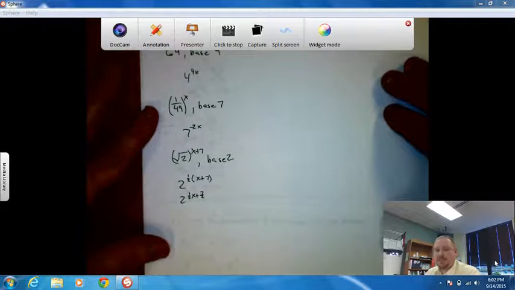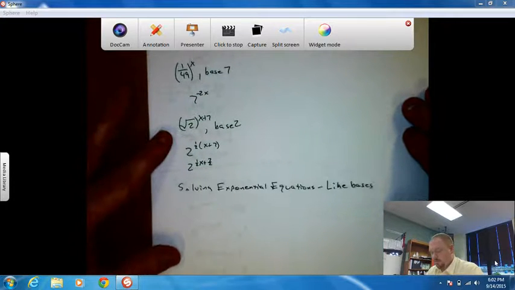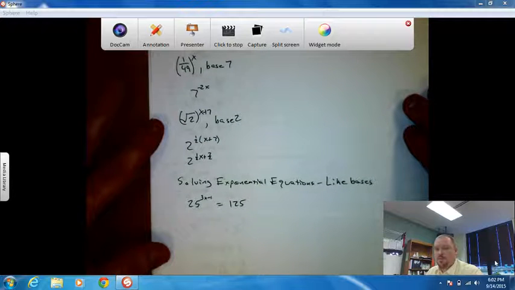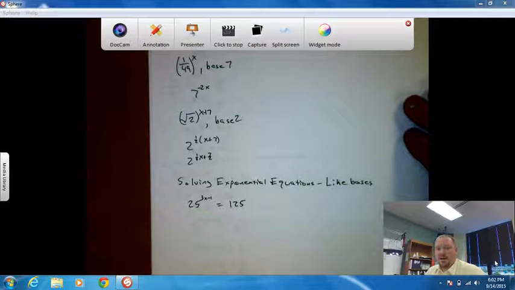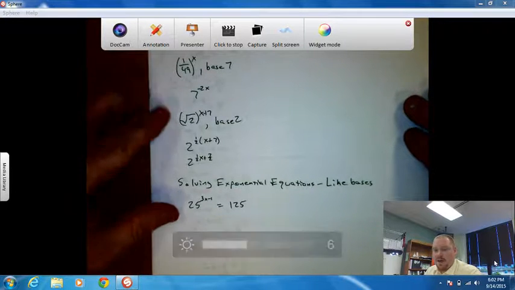So let's see what this would look like in an equation. Here's one problem. I have 25 to the 3x minus 1 equals 125. Well, I can write 25 as 5 to the second power, and I can write 125 as 5 to the third power.